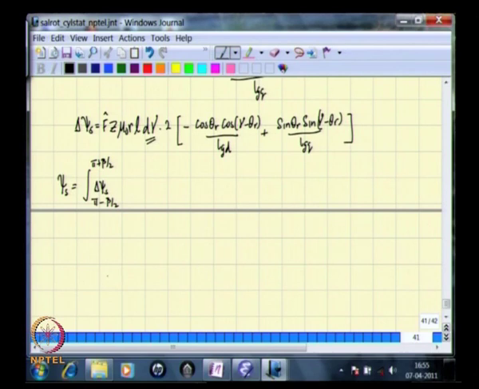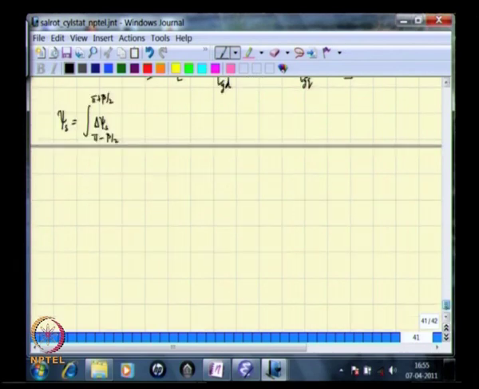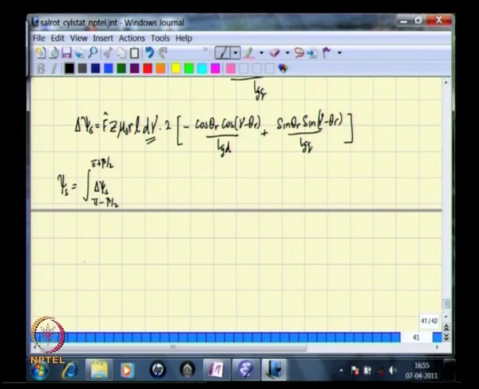It is gamma that goes from pi minus beta by 2 to pi plus beta by 2, and therefore that would give us psi s equal to f hat Z mu naught R into L multiplied by 2 into cos theta r by LGD multiplied by sin of gamma minus theta r.